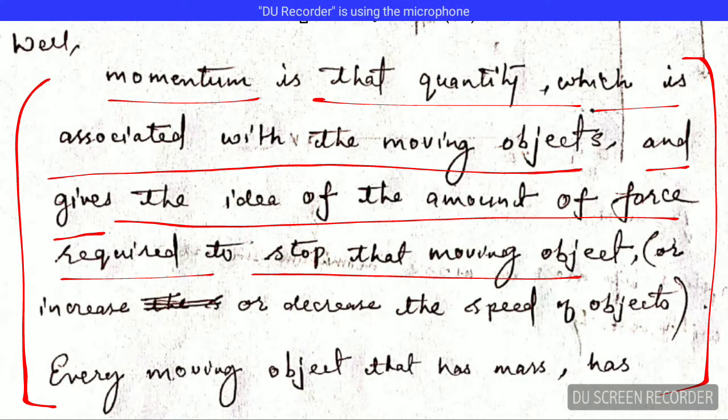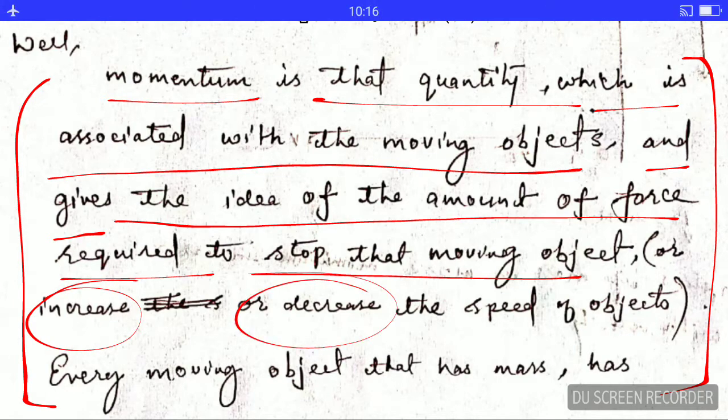Momentum also gives the idea of the amount of force required to increase or decrease the speed of the object. This is the very basic meaning of momentum, and with the help of this definition we can prove that momentum is equal to mass times velocity.